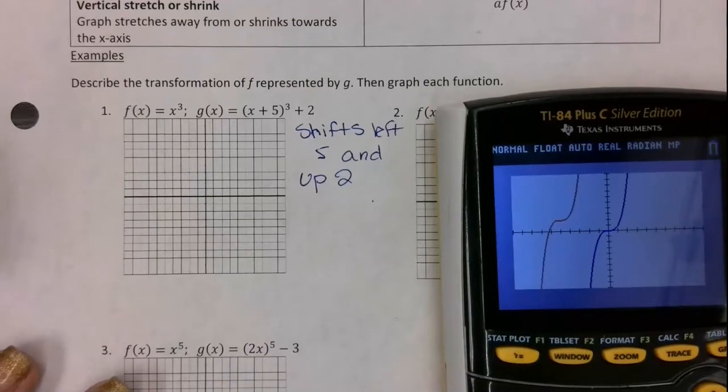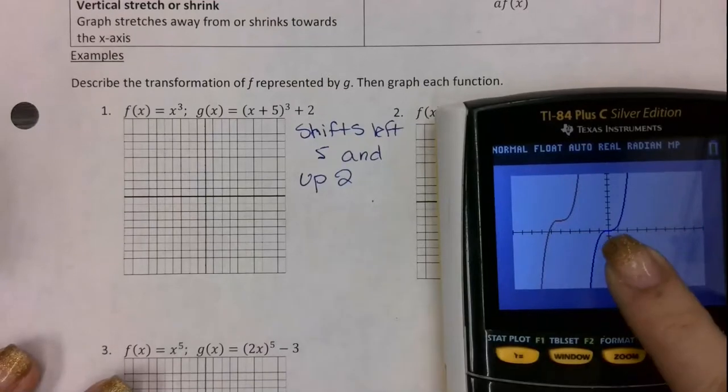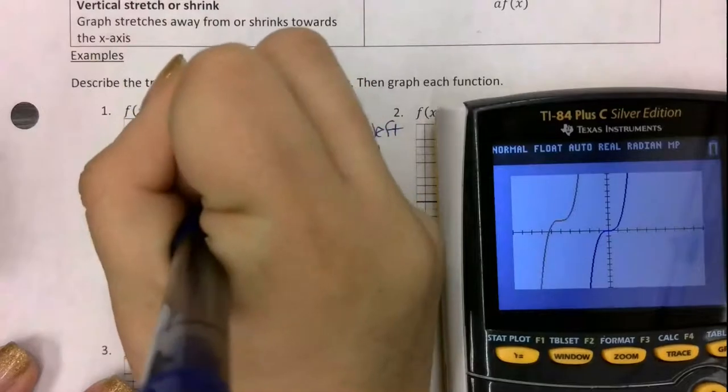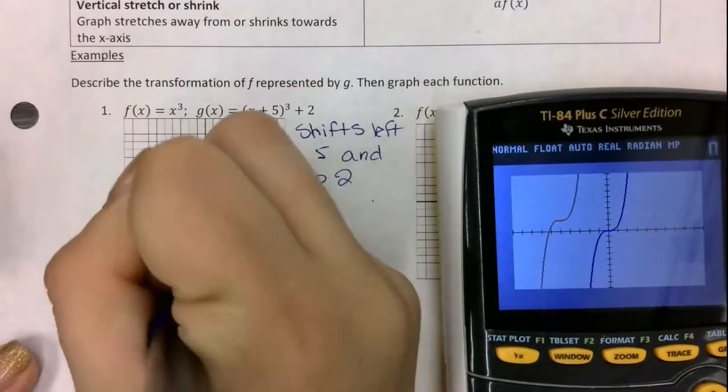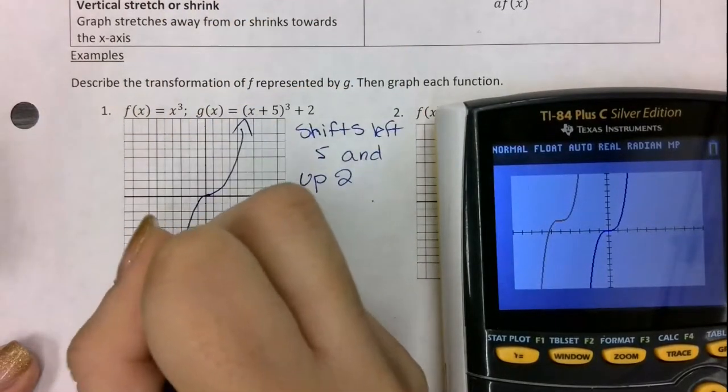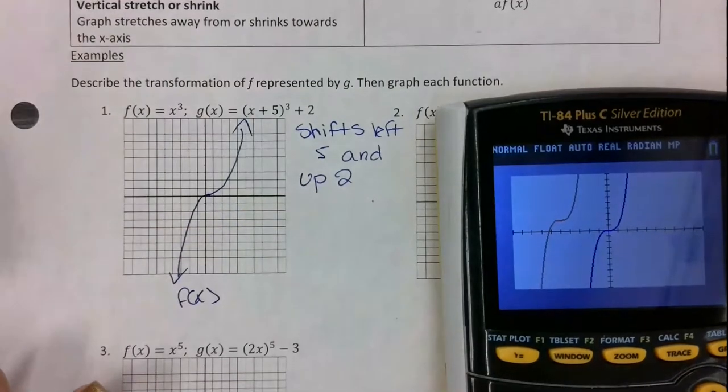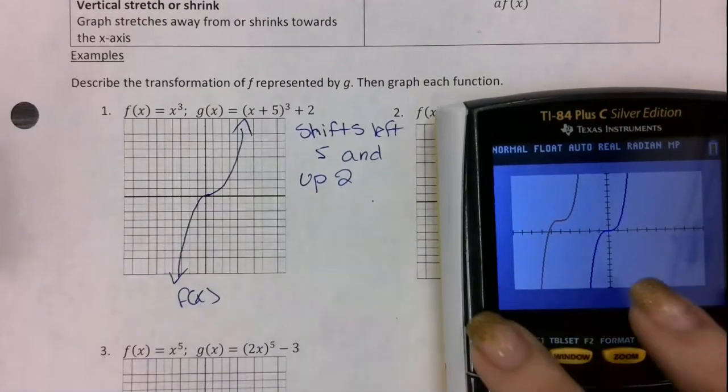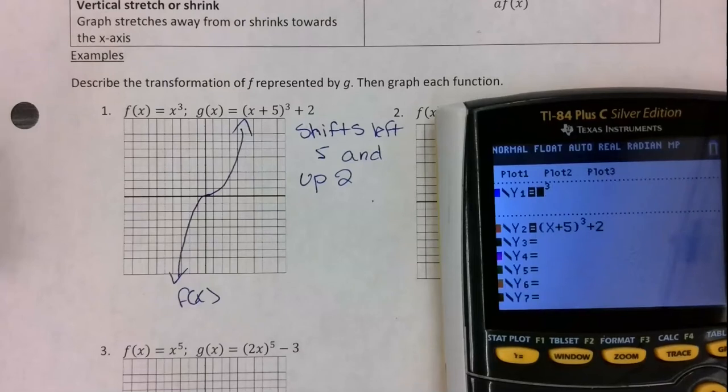Okay, so this one in the middle is my f of x, and I need to go sketch that on my paper. Did you put your cube in?